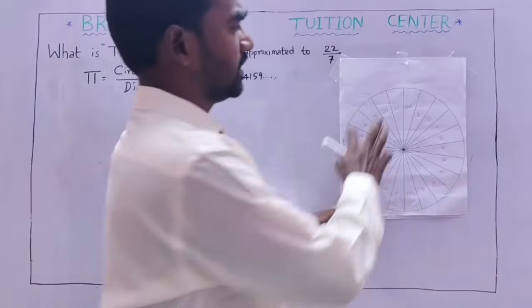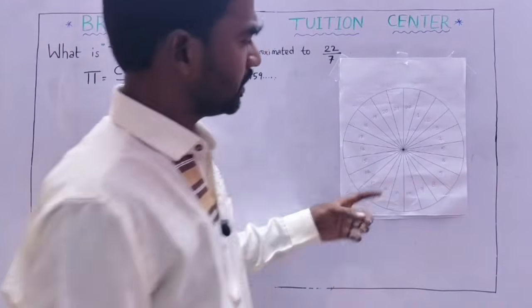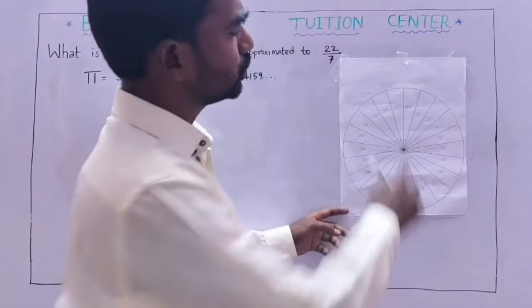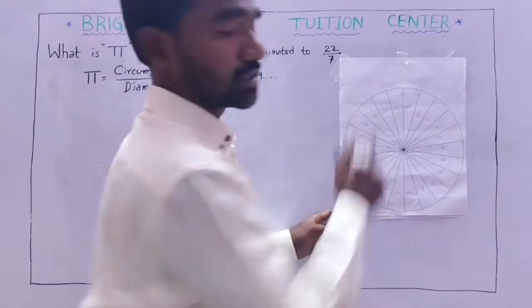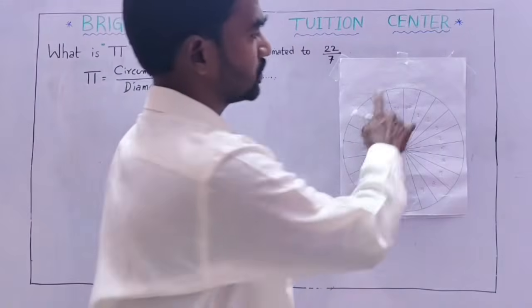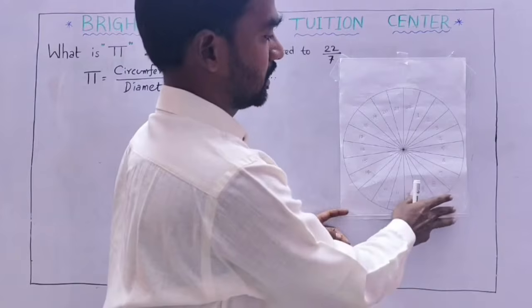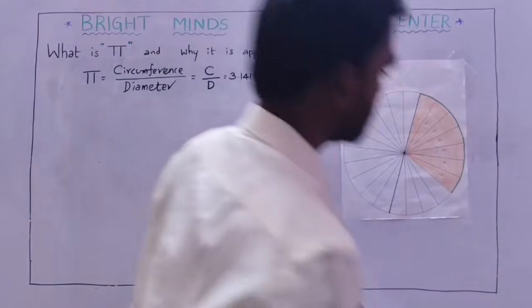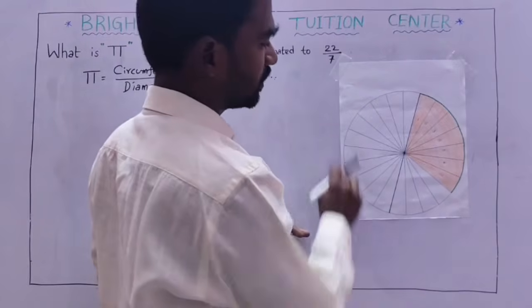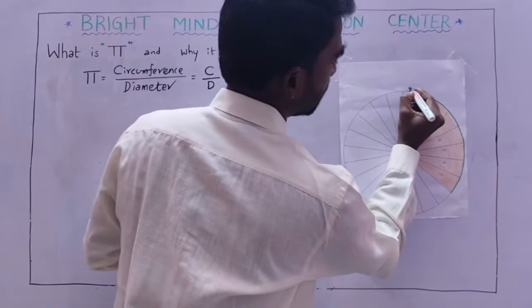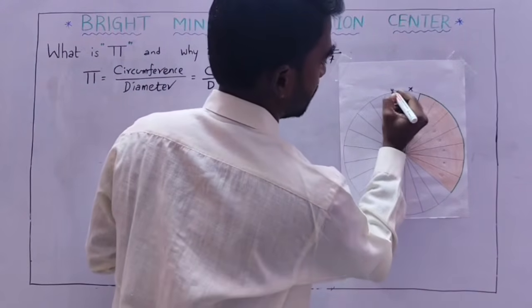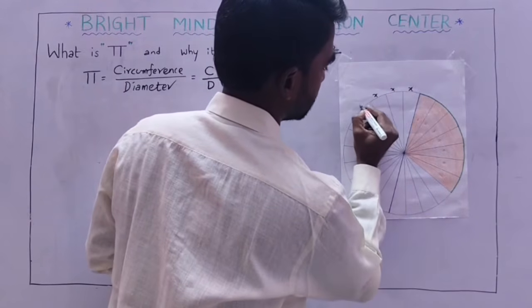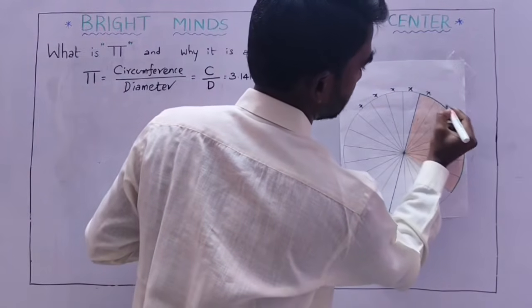By taking a circle, here divide this circle into 22 equal parts. How many parts? 22 equal parts. Now, what will be the circumference of this circle if each part's circumference is x?